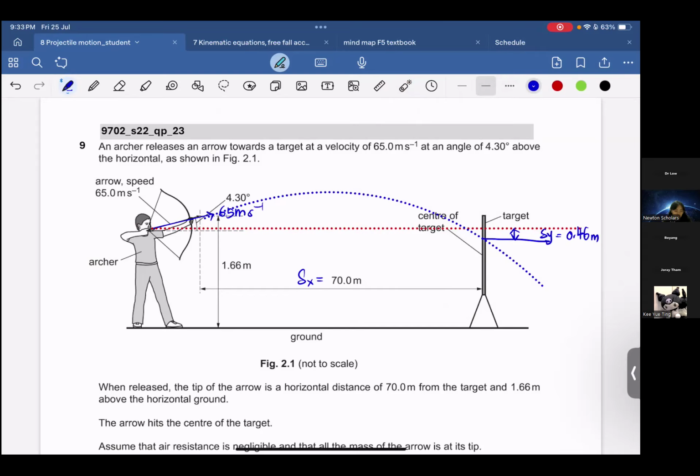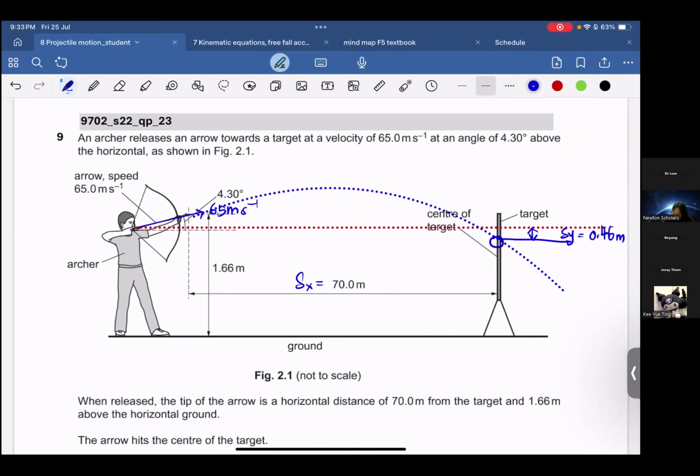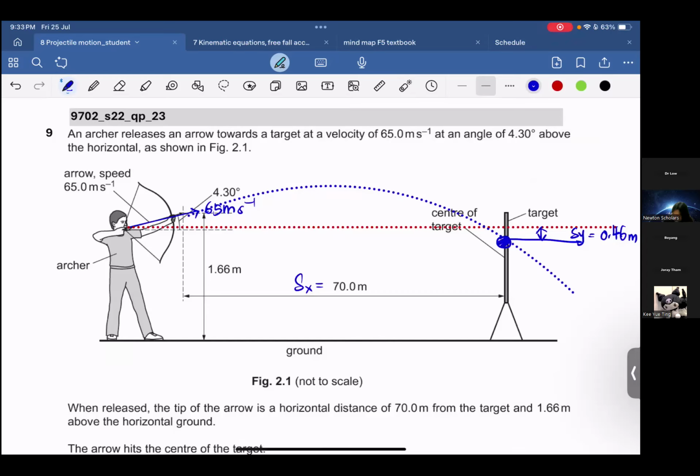Now the question is asking you the height of the center of target above the ground. That means your ball, or whatever your target, is somewhere here. So what is this height? Correct, Fawang. You have to find out why it's different.